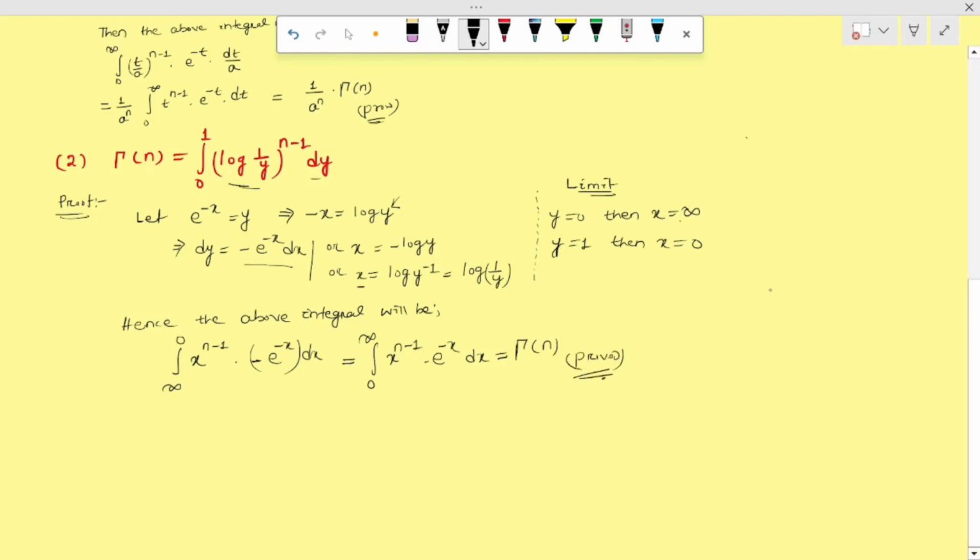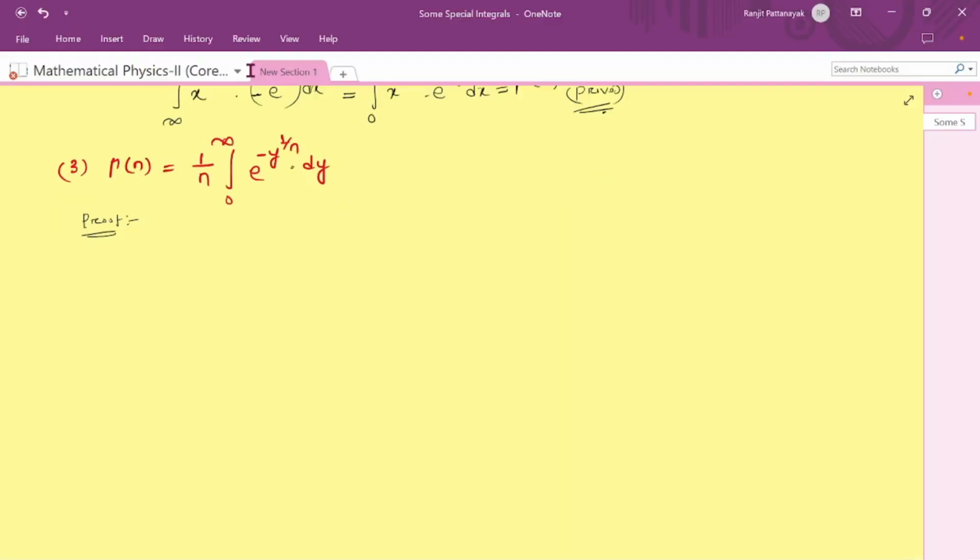Now we are going to move to the third representation of the gamma function. The third integral representation of the gamma function is this one: gamma n can also be represented as 1 by n, integral from 0 to infinity of e to the power minus y to the power 1 by n dy. How is it? Let us prove it.